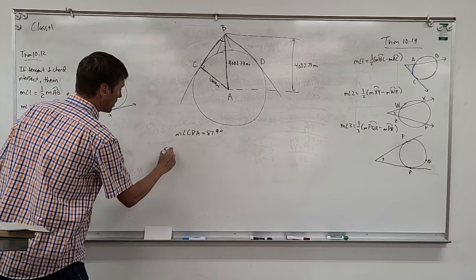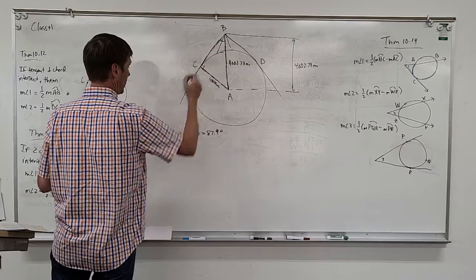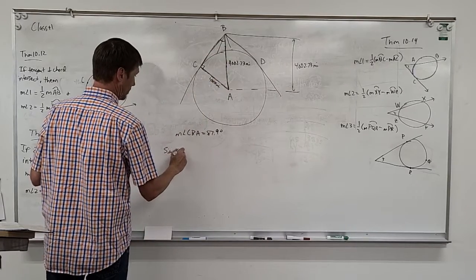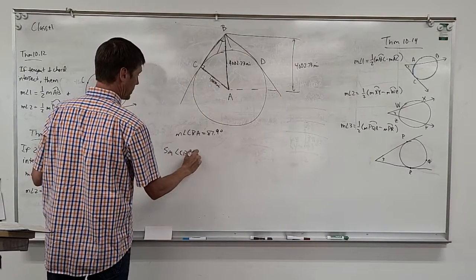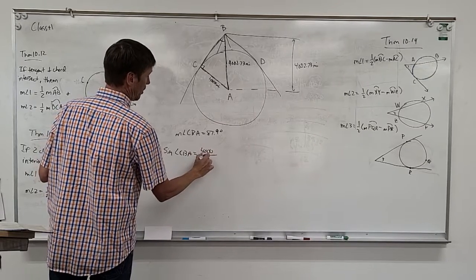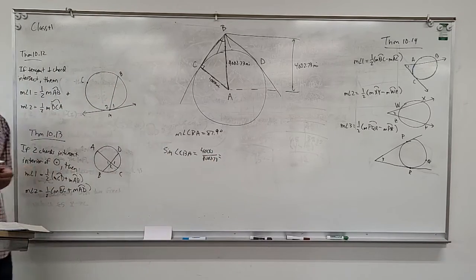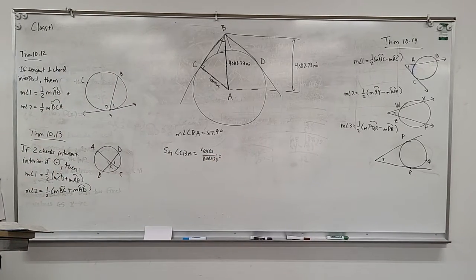So sine of some unknown angle, we'll just say angle CBA, equals 4,000 over 4,002.73. And so if we punch that in our calculator, we'll get some decimal value. Somebody want to punch it in for me and tell me what it is?